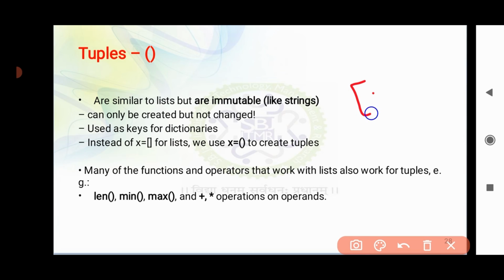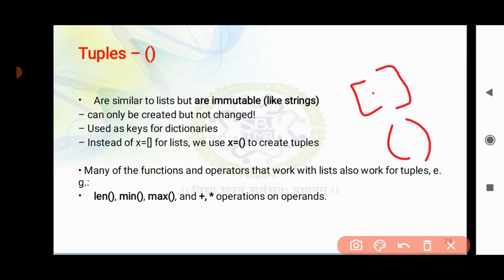So as we have seen, lists will be written in square brackets, but tuples will be written in round brackets. Normally, the different functions and operators that can be performed on lists can also be performed on tuples.